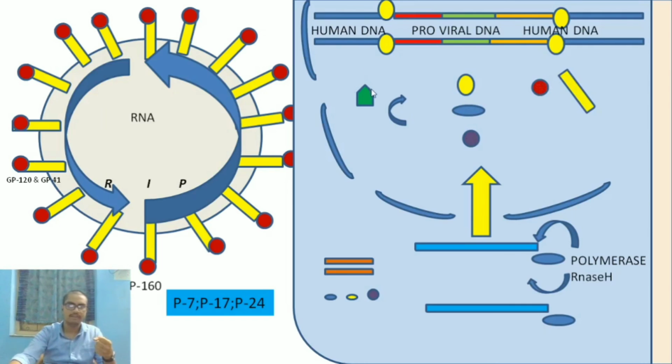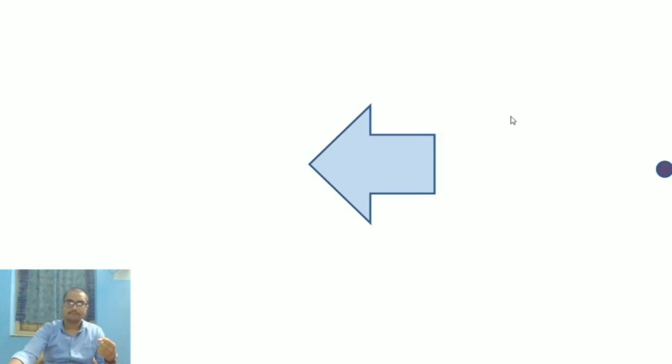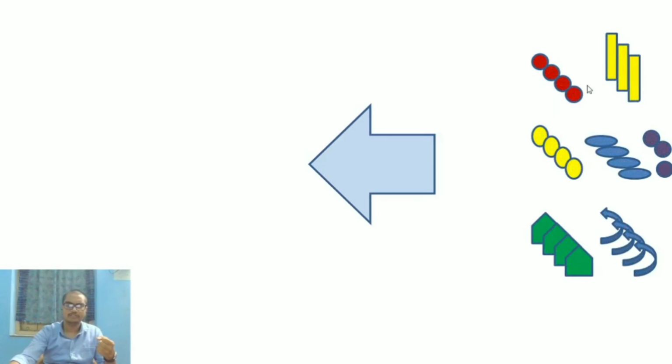Remember, until now all of these proteins are structural proteins; they are not functionally active. After translation, as soon as they produce a huge number of GP160, reverse transcriptase, integrase, protease, capsid and matrix proteins, all of these structural proteins will go through post-translational modification, because post-translational modification is very important to convert these structural proteins into functional proteins.